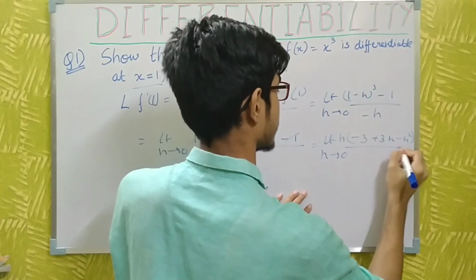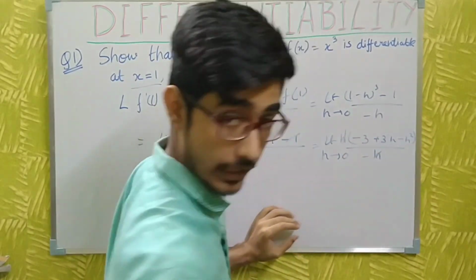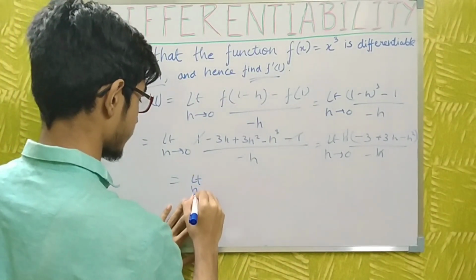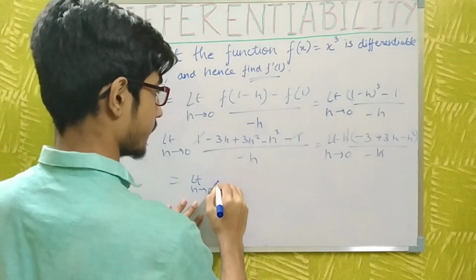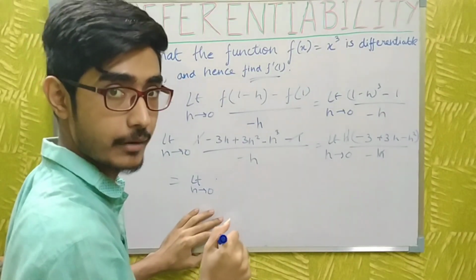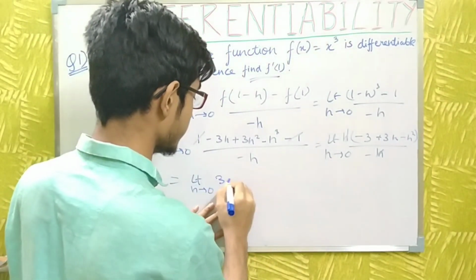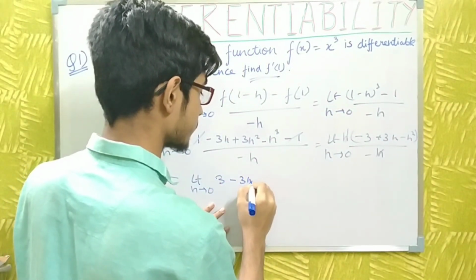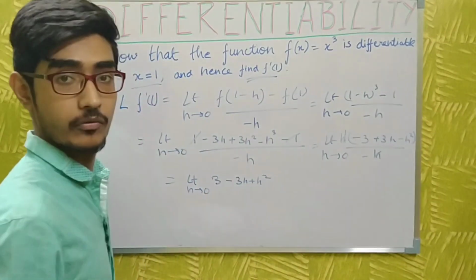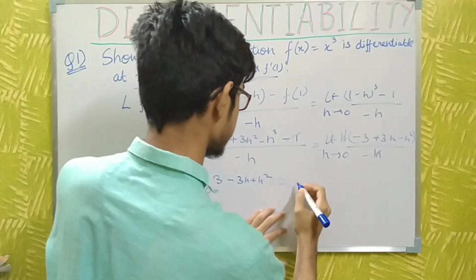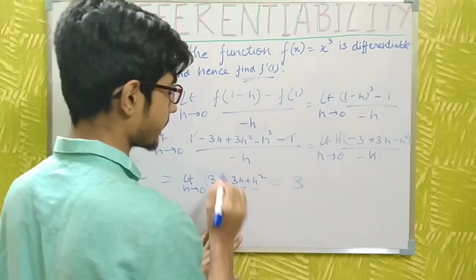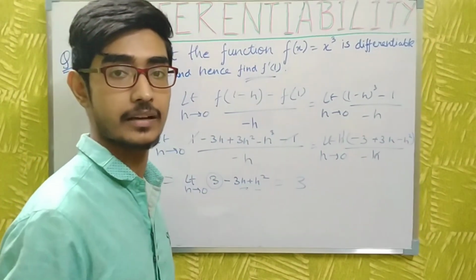I have taken h common, and here is minus h and h is cancelled. Now I am multiplying numerator and denominator by minus, so it will be limit h tends to 0 of 3 minus 3h plus h square. Now putting the value of h, I get the answer 3, as these terms become 0. So this is the value of the left hand derivative.